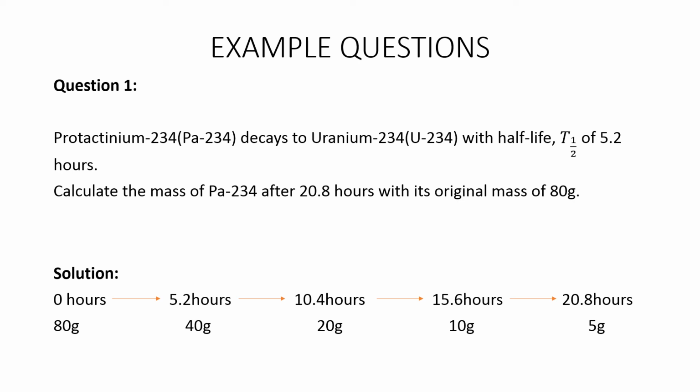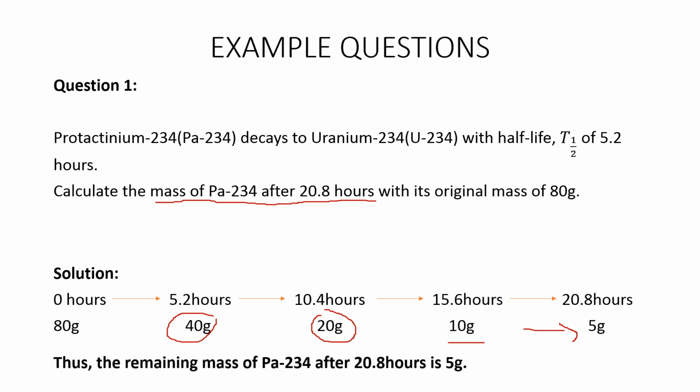After another 5.2 hours, the 40 grams becomes half, 20 grams. Again, after another 5.2 hours, it becomes 10 grams, and finally 5 grams. Because the question wants the mass of protactinium-234 after 20.8 hours, the remaining mass is 5 grams.